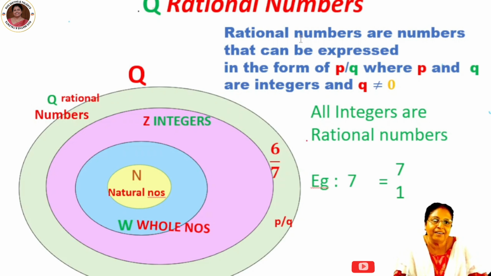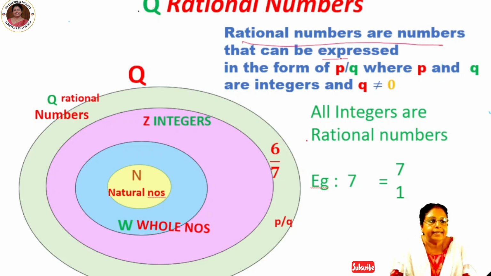Do you remember? Rational numbers are numbers that can be expressed in the form p upon q, where p and q are integers and q not equal to 0. That means we can express every rational number in the form p upon q.